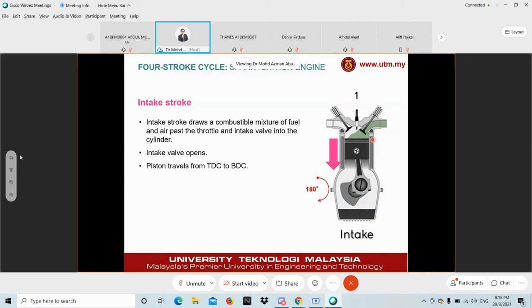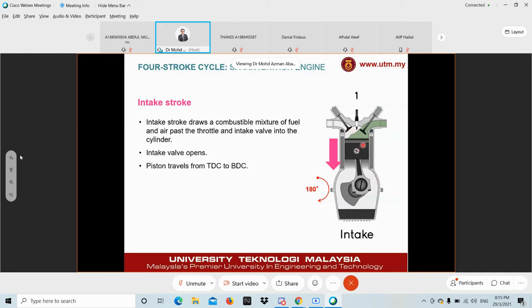TDC refers to the highest position of the piston, and BDC refers to the lowest position of the piston. So as the piston moves from TDC to BDC, the volume inside the combustion chamber expands.